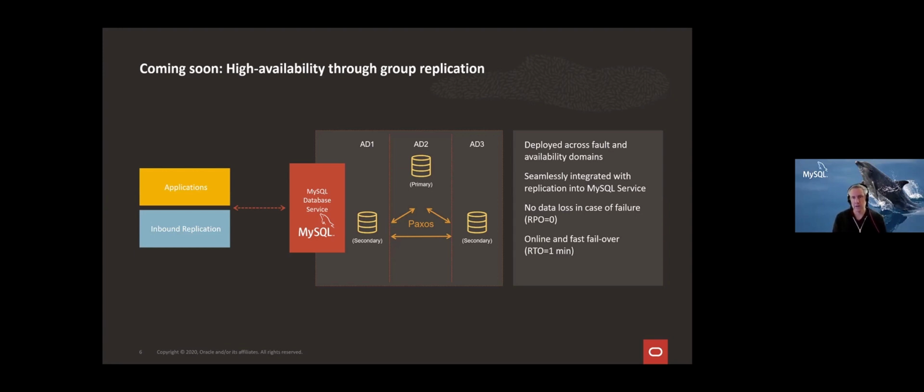So it's not just multiple MySQL servers involved in the cluster, but also multiple data centers involved in the high availability for the MySQL database service. We are able to do that because of the ultra low latency networking between those data centers.